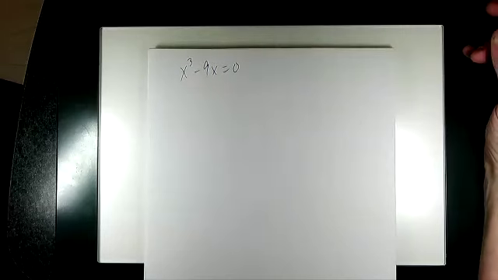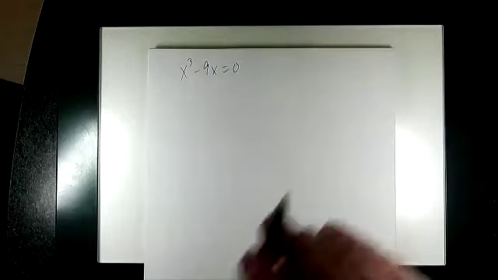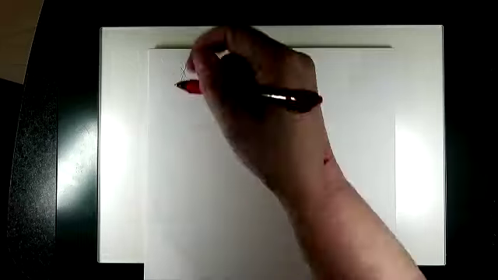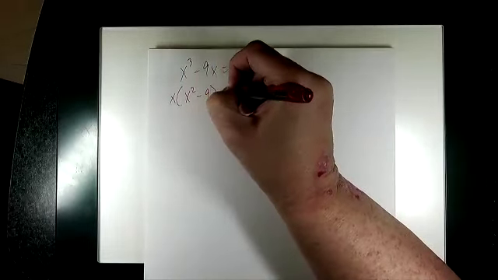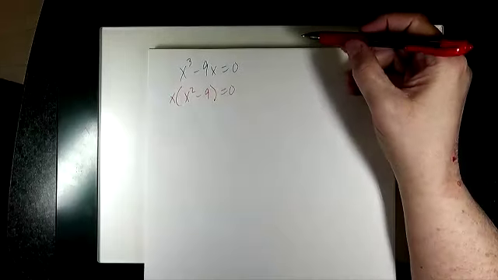How do I solve this one? Should we use the cubic, like Mr. Redden said? What should I do? x cubed minus 3x. Factor out an x. Then x times x squared minus 3.